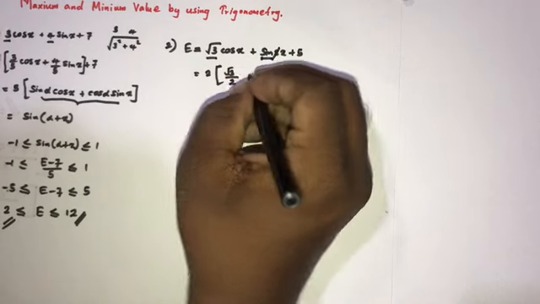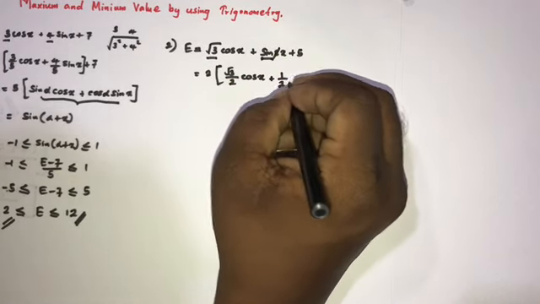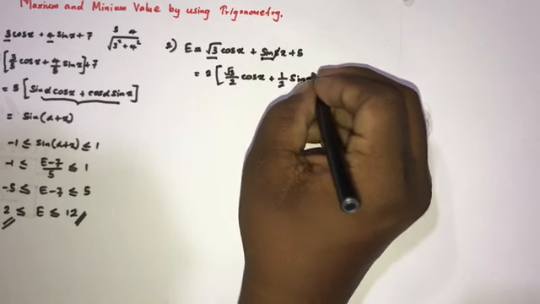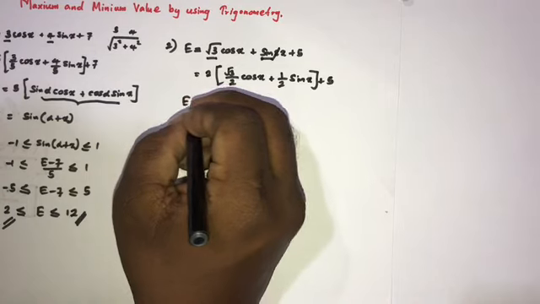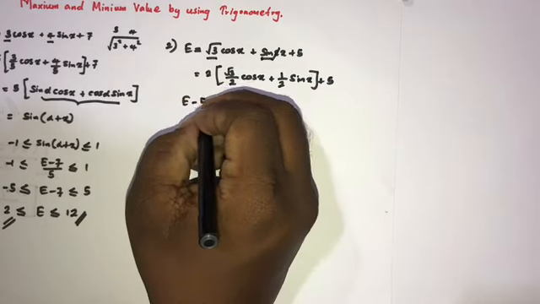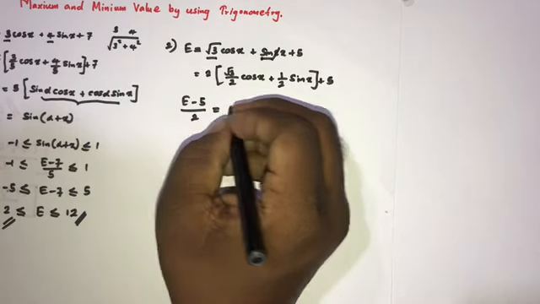So square root of 3 over 2 cosine of x plus 1 over 2 sine of x plus 5. Then this 5 we can take to this side, and we divide by 2 on the other side.